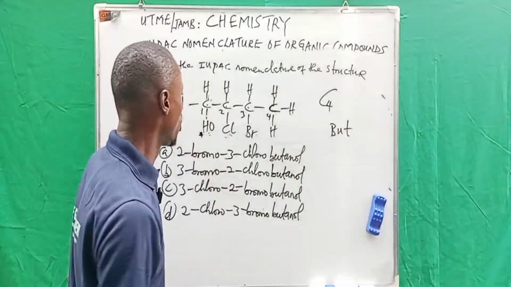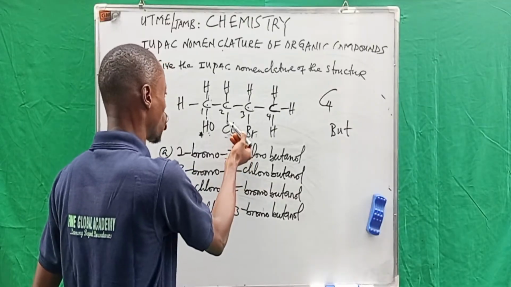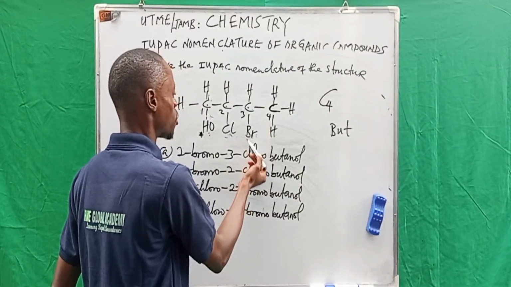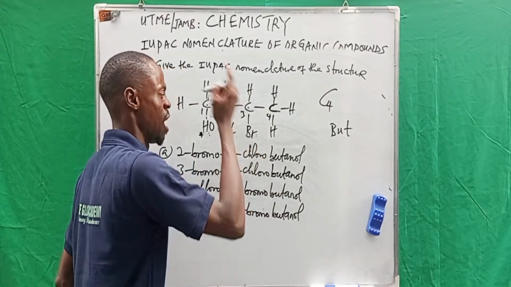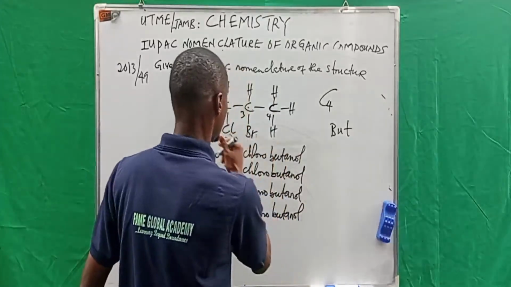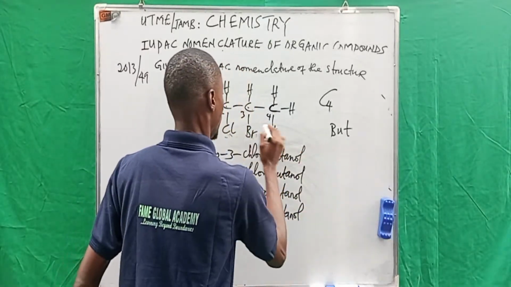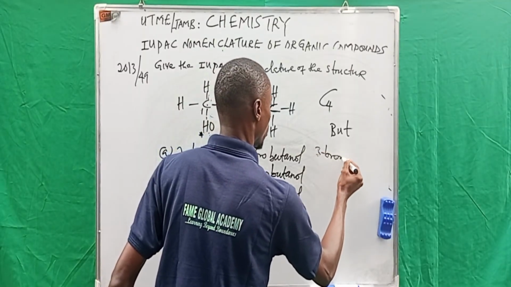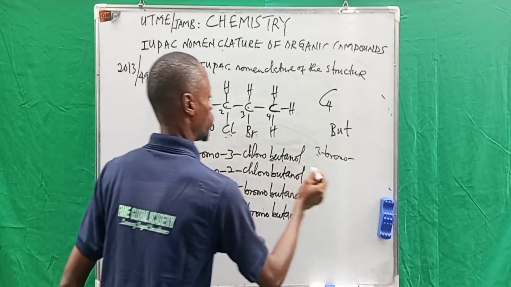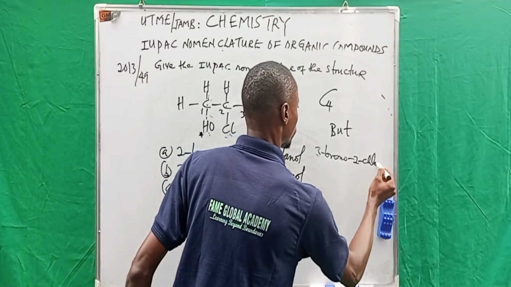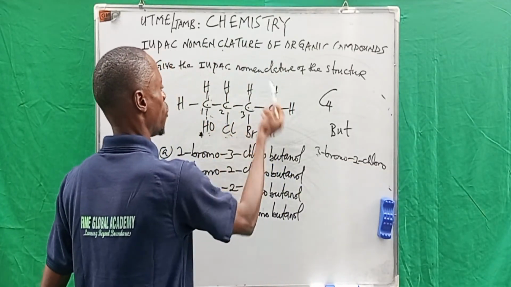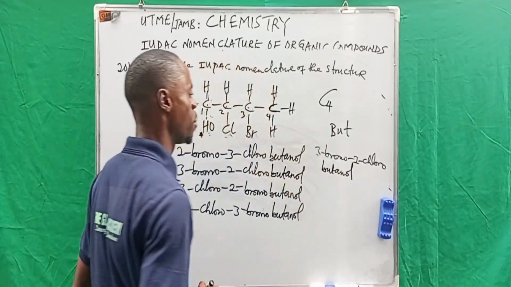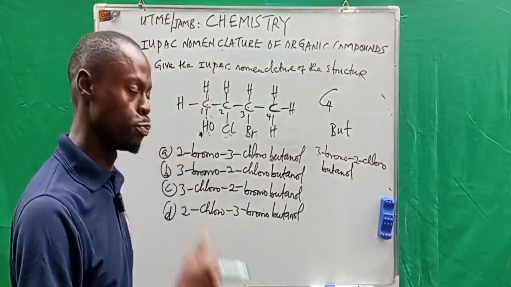Looking at this structure, you agree with me that chlorine, which is chloro, is at carbon atom 2, while bromine is at carbon atom 3. So B comes before C alphabetically. So the correct name to this structure is 3-bromo, 2-chloro, 1, 2, 3, 4, longest carbon, butanol. 3-bromo-2-chloro-butanol.